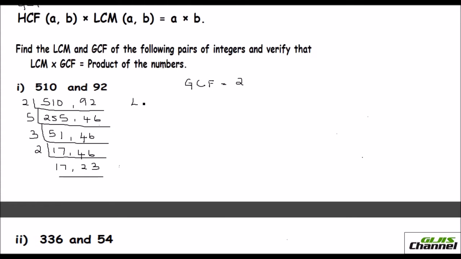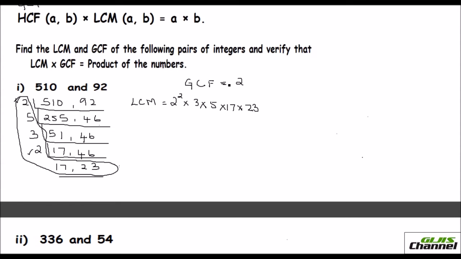So your LCM would be the product of all these, this L shape. Remember, we have done LCM and GCF before, so you can go through that video if you want. You have to multiply all this. You have two 2's, so let me write it as 2 squared times 3 times 5 times 17 times 23.